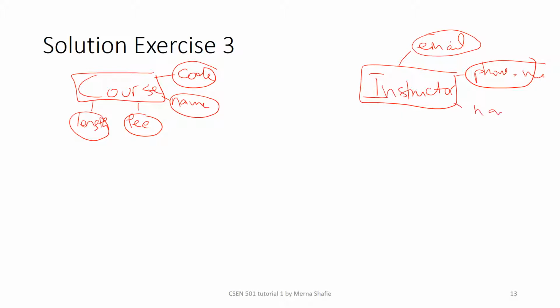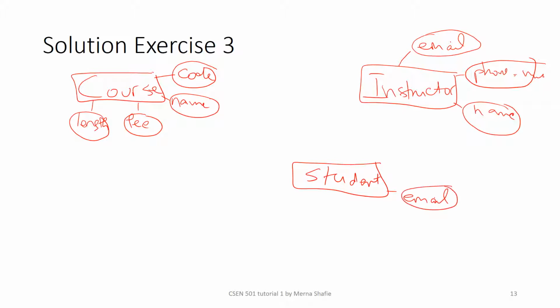The instructor's name also. It is written name, phone number and email. Okay, each course is taught by: this is the relationship between them. And what else did we have? Student. We were storing the contact information, like for example the email and the phone number only.